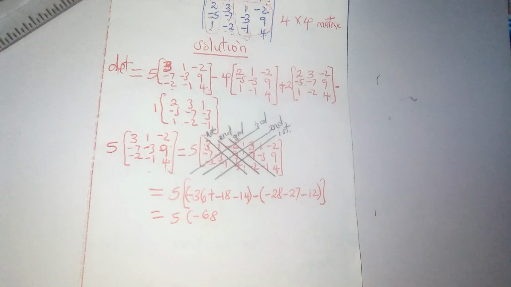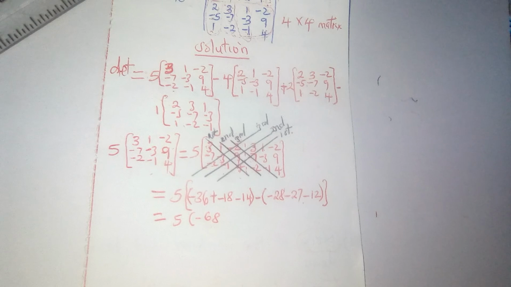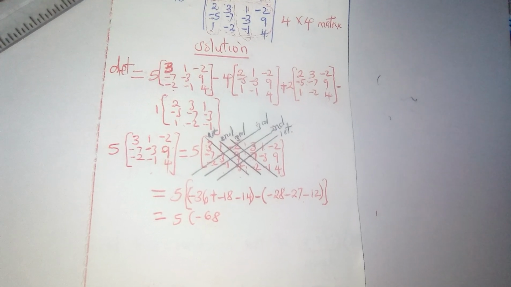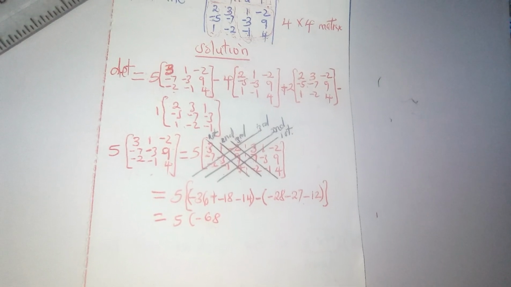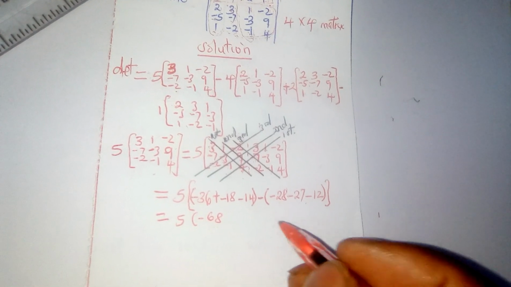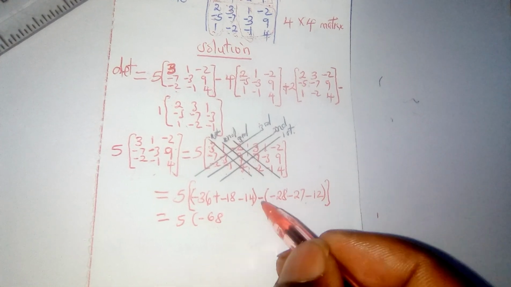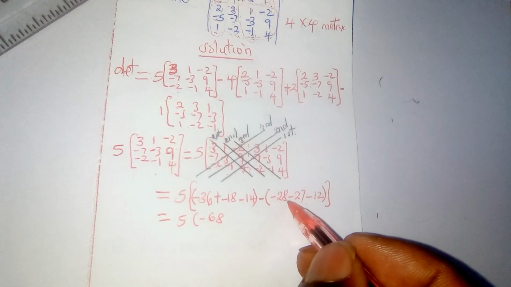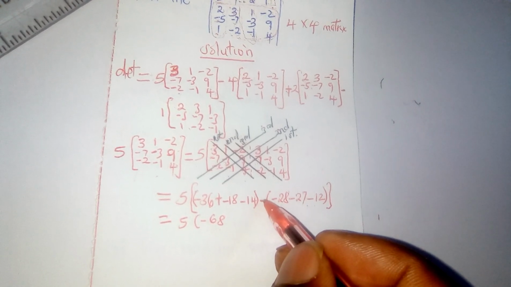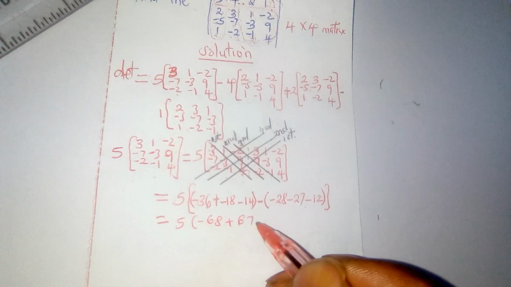Then when I come to this side here, I have negative 28, so that's what I start with, negative 28 minus 27, then I have minus 12, I'll be having negative 67. So negative 67 is the content within this bracket, and remember there's a negative here, so the negative in this bracket cancels with this negative to become a positive, so I'll come here and write a positive 67 here.